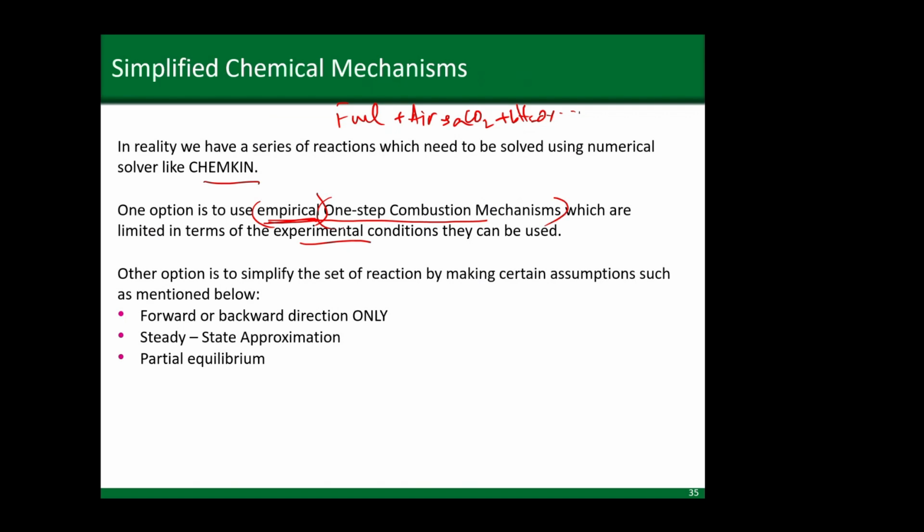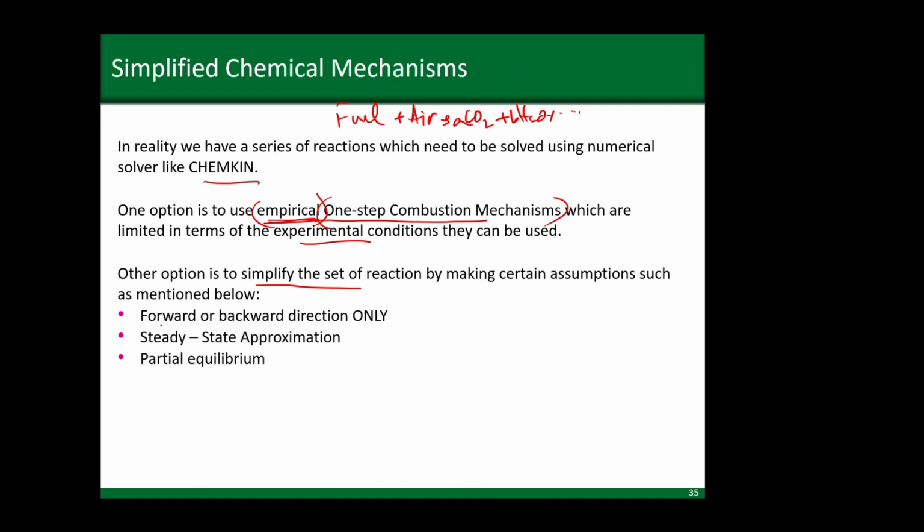Okay, the second option is when you say that, all right, one step is too narrow, it's too simplistic, then what you could do is look at the reaction that you're trying to solve, and simplify it, a subset of a reaction. You can simplify it by making certain assumptions, which keep it fairly realistic, but also give you more insights into what is happening.